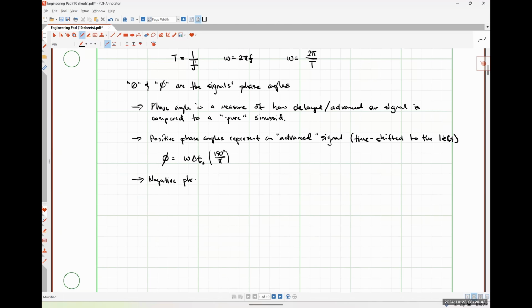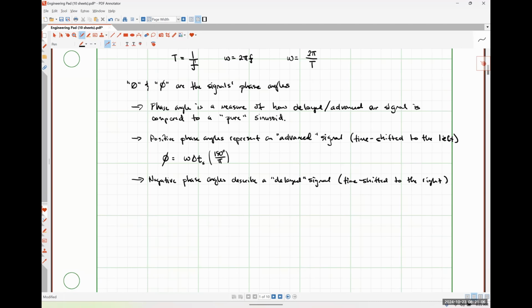Negative phase angles describe a delayed signal. By that, I mean they are time shifted to the right.